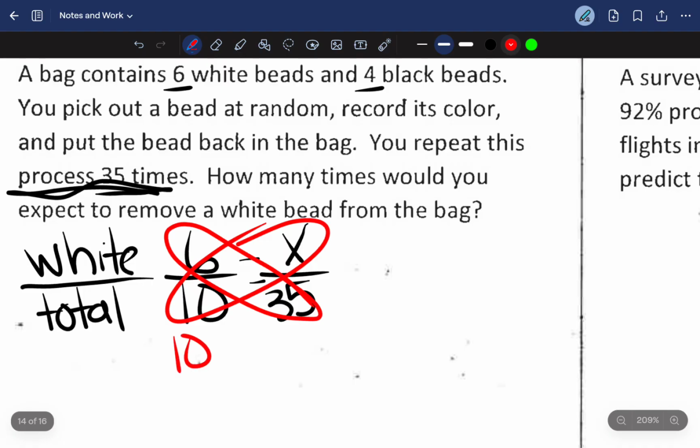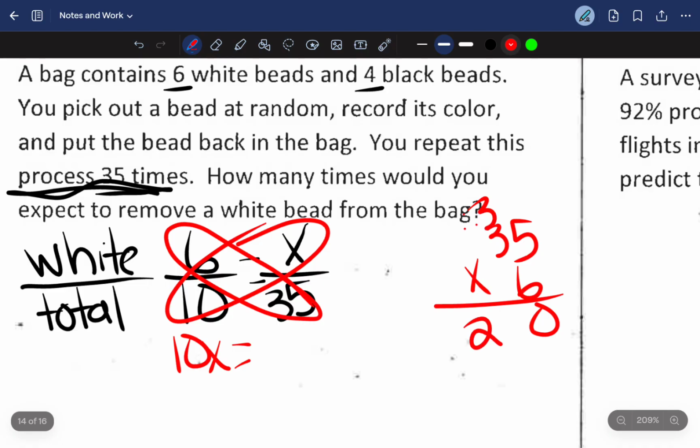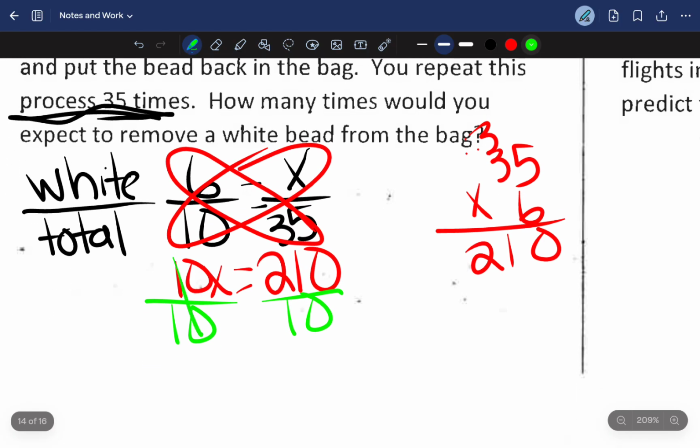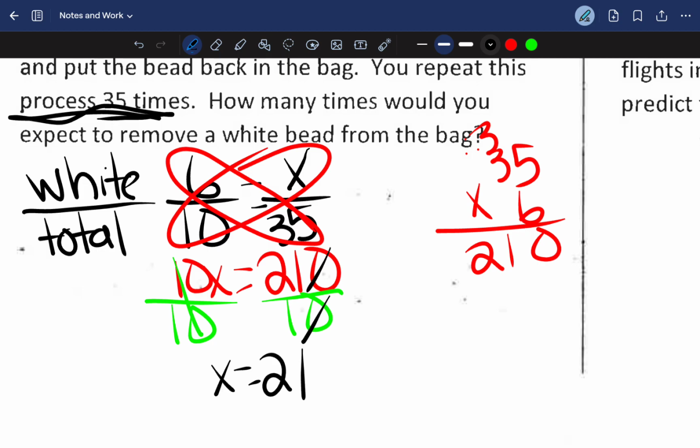So I have 10x equals, I'm going to do 35 times 6. So that gives me 30, 18, 19, 20, 21. So I have 210. Divide both sides by 10. Cross out those zeros. In this case, I have x equals 21.